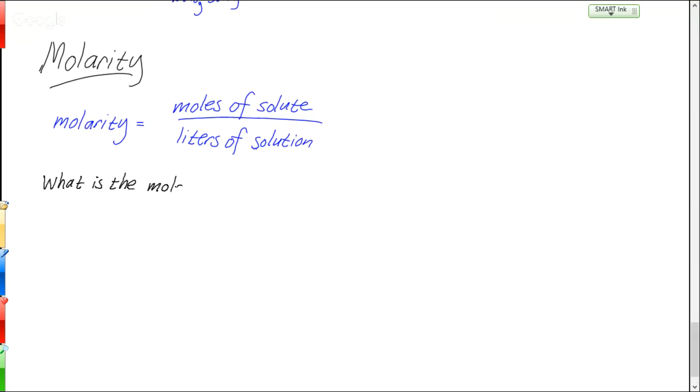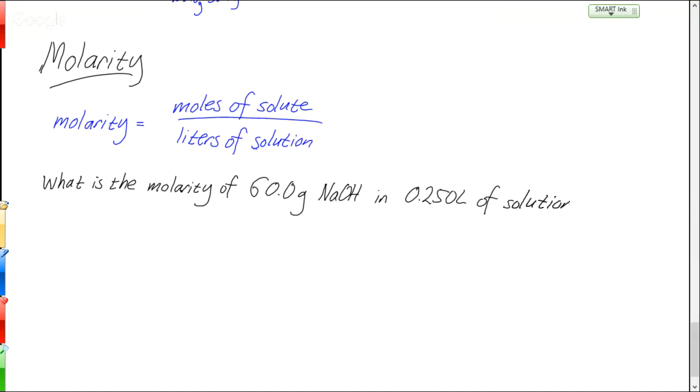So we might ask, what is the molarity of 60 grams of sodium hydroxide in 0.250 liters of solution?